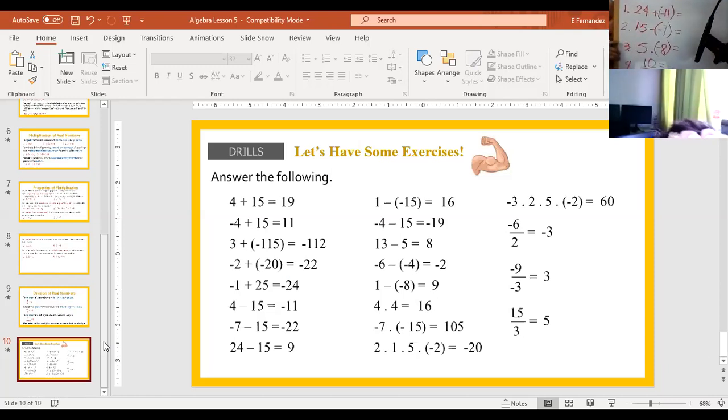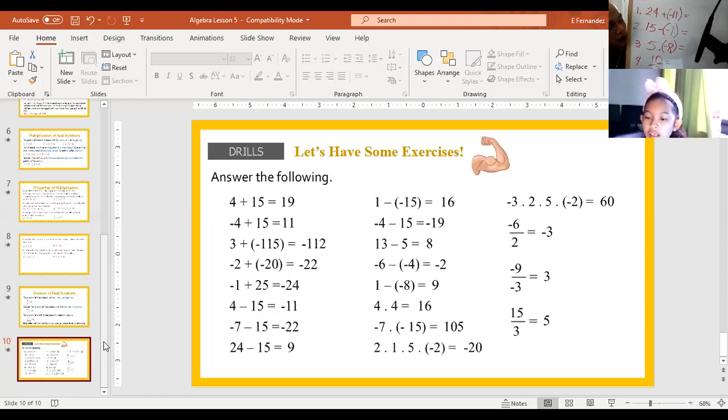If the number is not clear and the sign is not clear, you can ask me to clarify. So number 1 is positive 24 plus negative 11. You be careful with the signs.